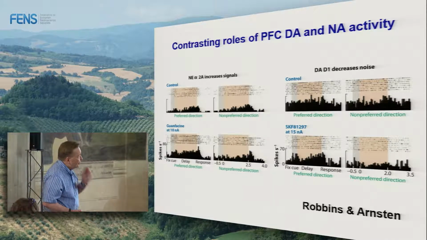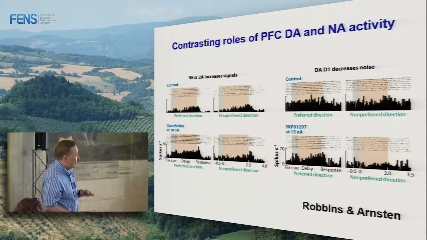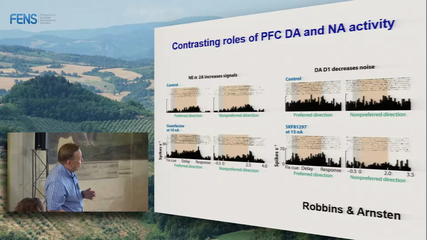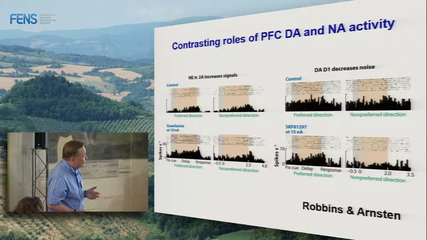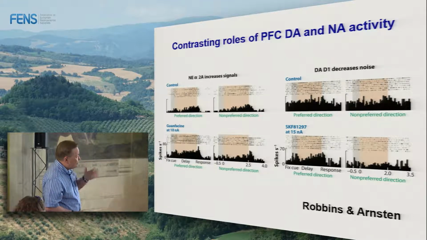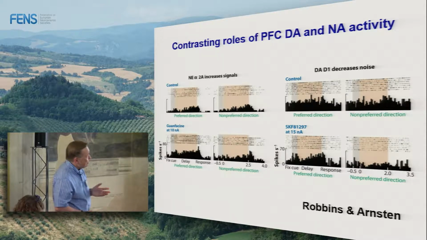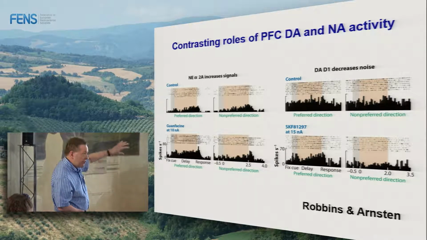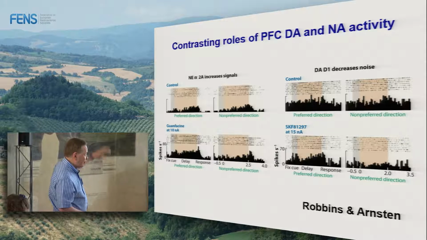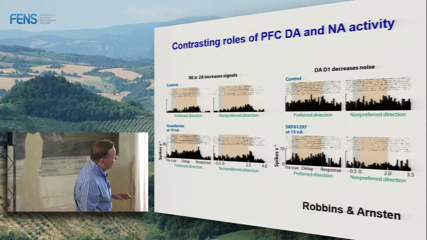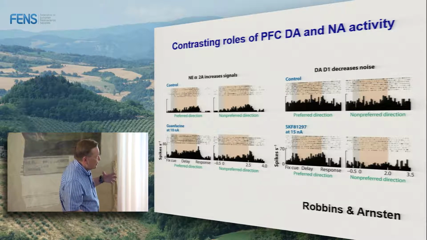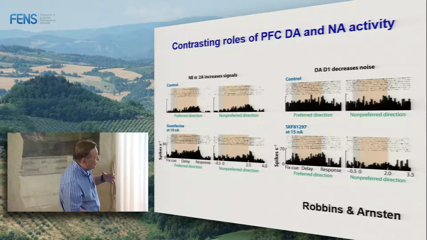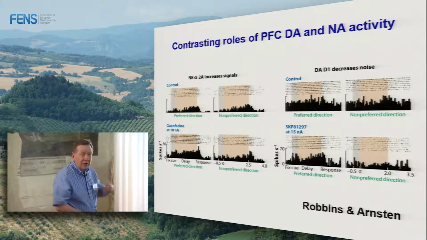And Amy Arnsten has done work which suggests, although I don't think this is completely convincing, that noradrenaline boosting at the 2A receptor increases signal processing, as you see here, for the preferred direction where the animal has to remember where the stimulus was, as against the noise, whereas dopamine tends to decrease the noise in this particular example and thus allow the signal to shine through more clearly.